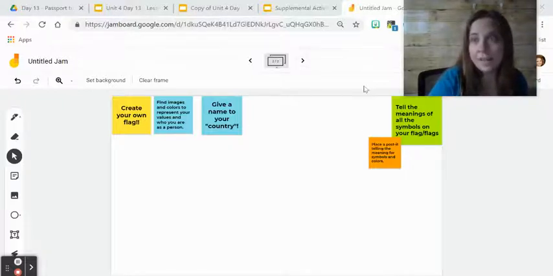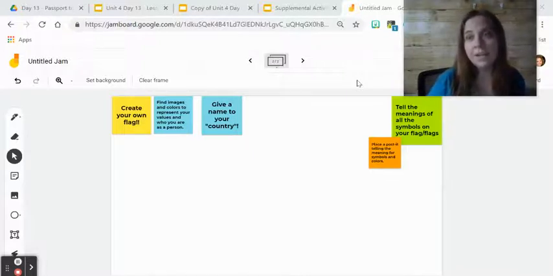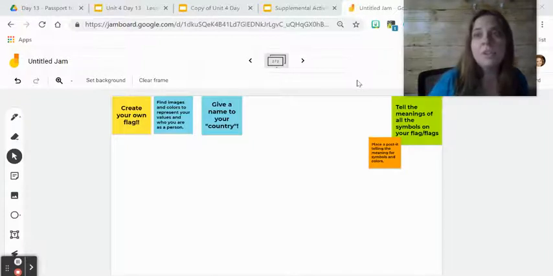So I hope that this activity has been helpful to have some culturally responsive activities within your classroom embedded into the Passport to Social Studies unit. And this is really a great project that you can use within your classroom to capitalize on your students' identities and allow them to share their identities with other students in the class.